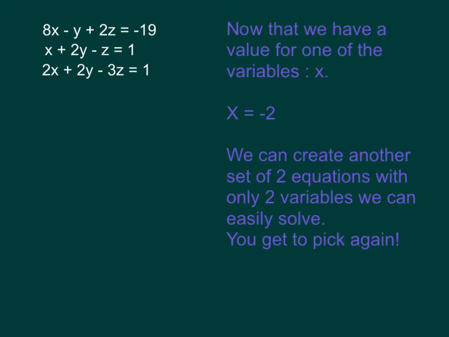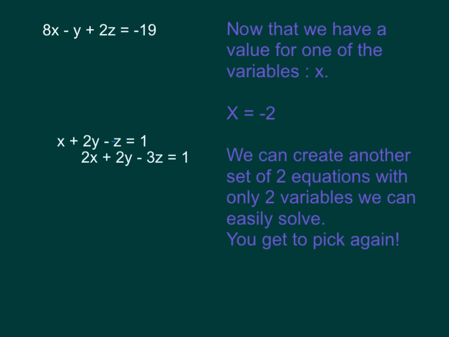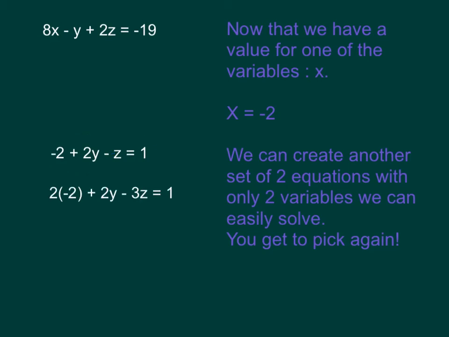You can plug the negative 2 in for x into either of the equations. It doesn't matter. I think I will pick this equation and this equation and plug my negative 2 into those. If I put negative 2 in for x in those two equations and then solve, I will be left with y and z as my only two variables. I'm then able to solve by elimination for one of the variables, y or z.